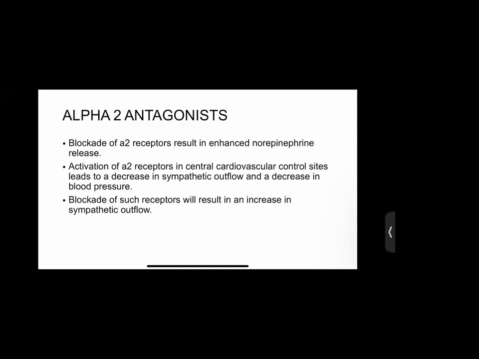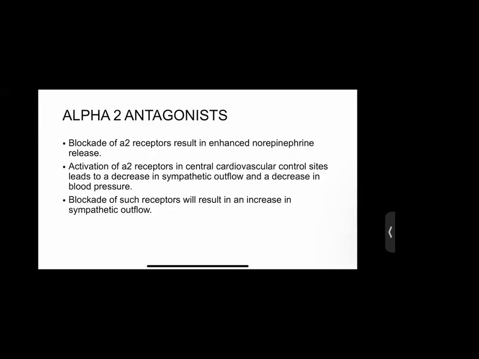Activation of these alpha-2 receptors in the central cardiovascular control site leads to a decrease in sympathetic outflow and a decrease in blood pressure. When the receptor is blocked, we have the reverse: increased sympathetic outflow.